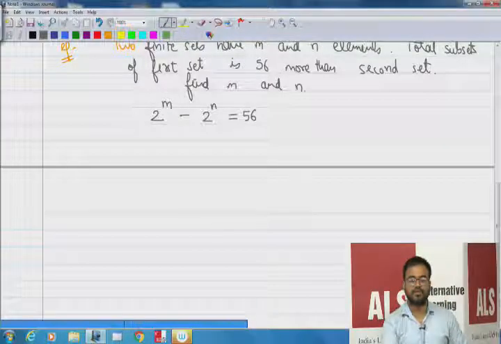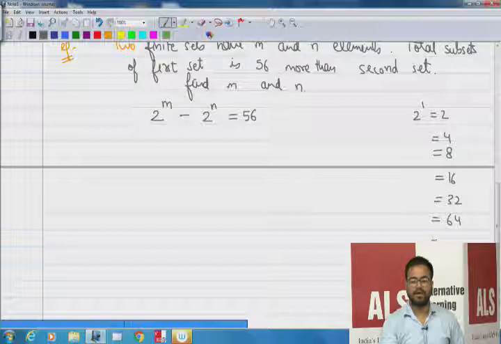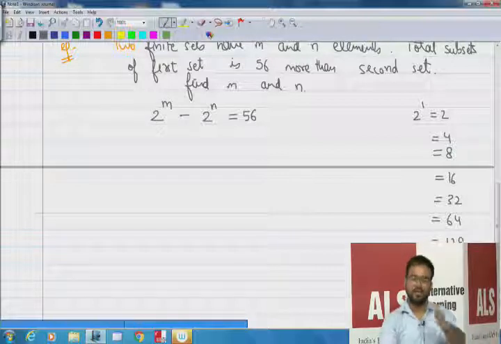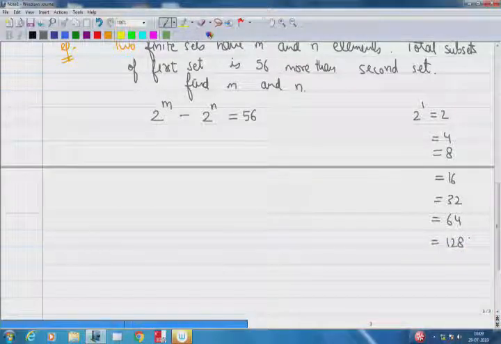You can do 2 power 1 is 2, then 2 power 2 is 4, then 8, 16, 32, 64 and 128, and see which of the numbers gives a difference of 56.